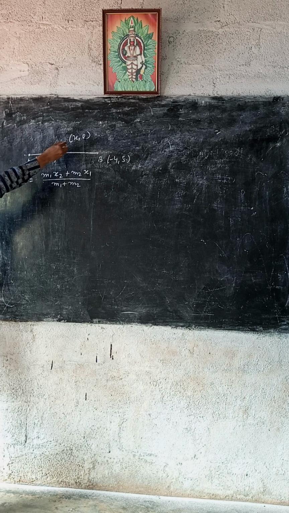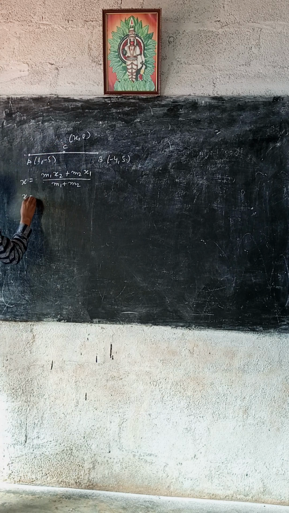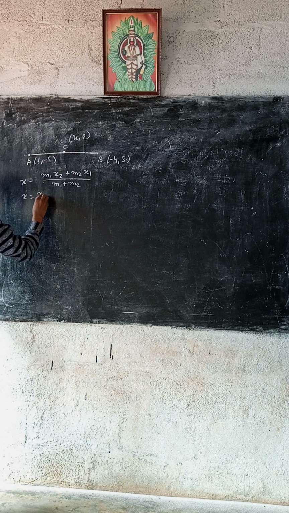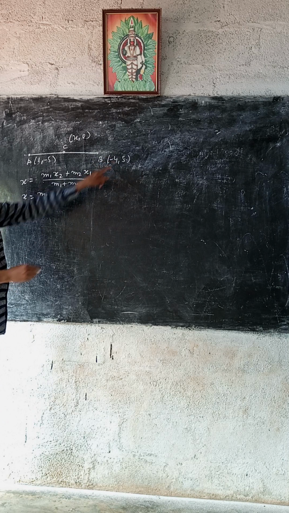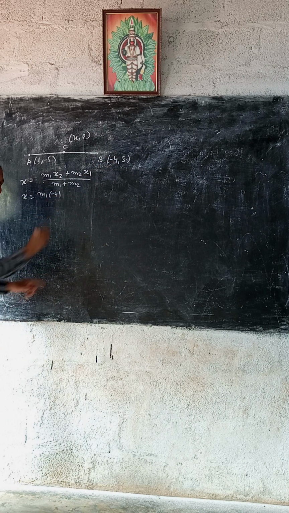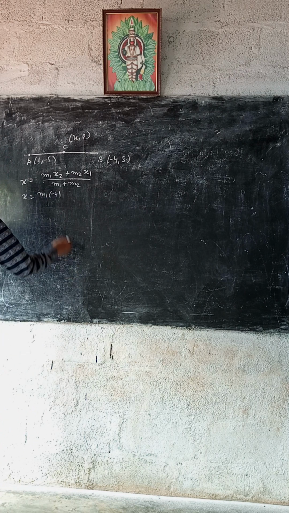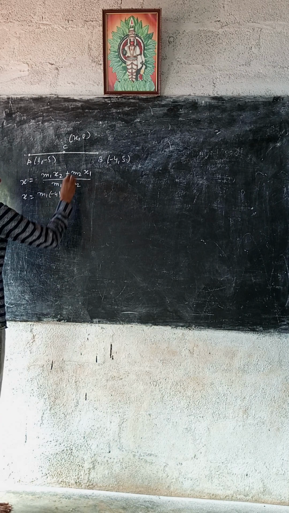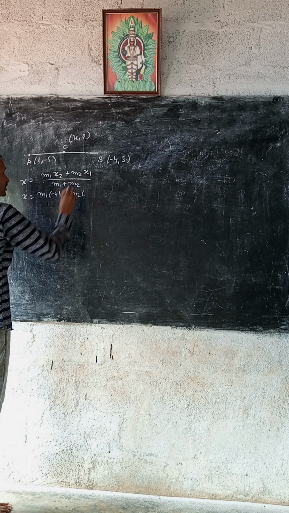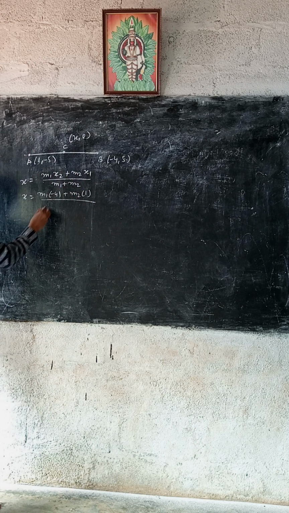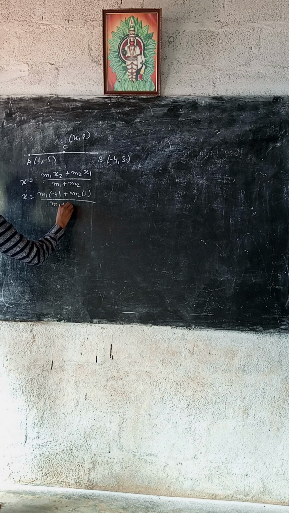Here the ratio is what we are going to find, so m1 and m2 are not known. x2 value is minus 4, so m1 into minus 4, plus m2 into x1. The x1 value is 1. All divided by m1 plus m2.